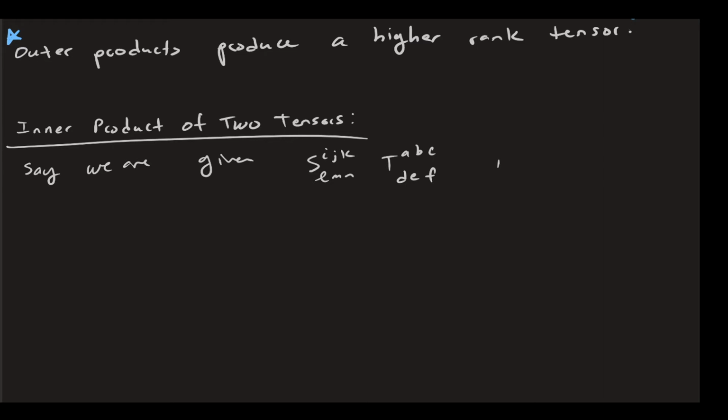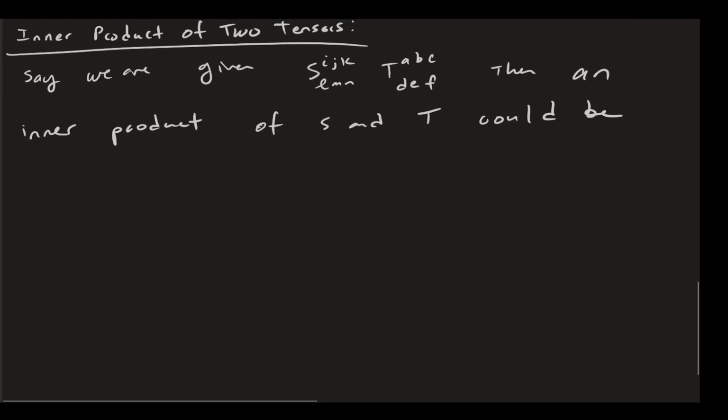So then an inner product of S and T could be, let's say something like U_iakbclDmnf.